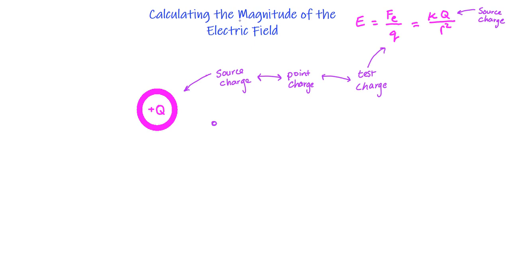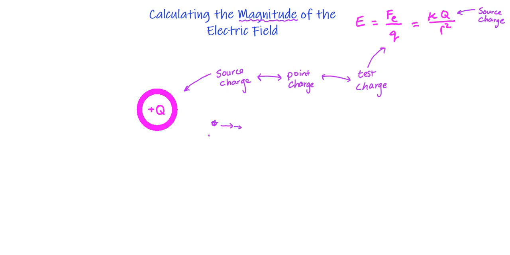Now when we're calculating the magnitude of the electric field, what we're trying to know is how strong the electric field is, and not necessarily what direction it is oriented. Because what we're going to see is that the electric field can either attract or repel different things, right? So if I have a positive source charge here, and I place another little positive charge at this location right here, I know that it's going to be repelled and pushed or accelerated out in this direction.